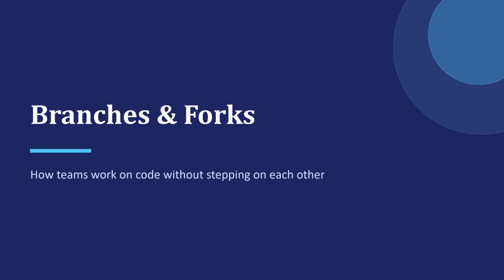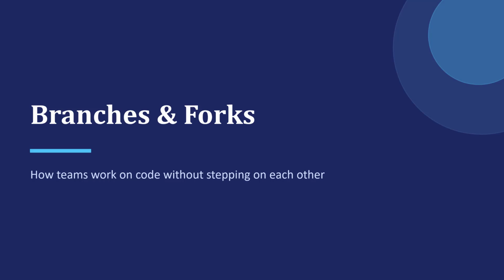Now, if you are fortunate enough to have worked with other people, maybe in a group or team setting, you've seen this in practice. But if not, we're going to really elaborate on how teams work together and use source control without stepping all over each other.